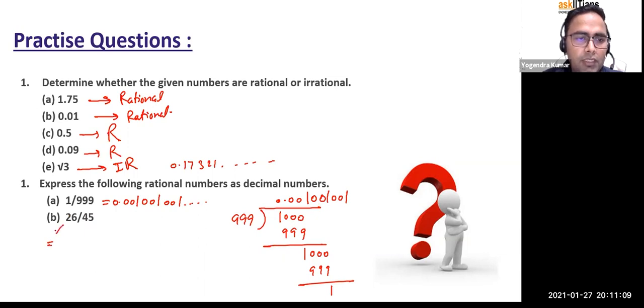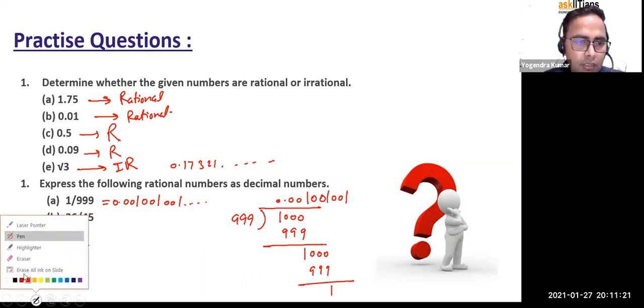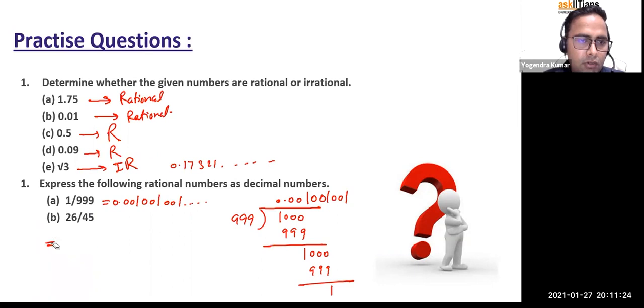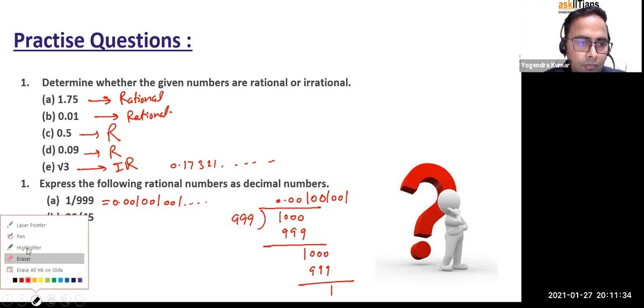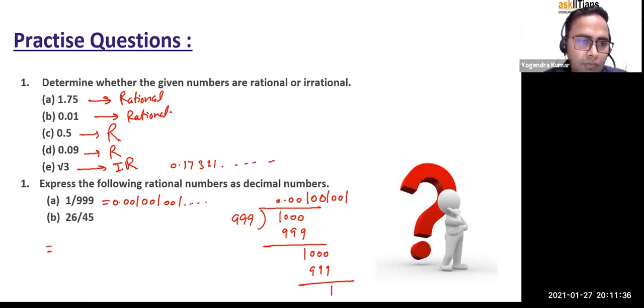Now what about 26 divided by 45? We can do long division again. I hope the solution is there, right? Can we do it without long division? No, because here again, what are the factors of the denominator? Let me show you those. You might ask, can we, because here 5 will be there, right?